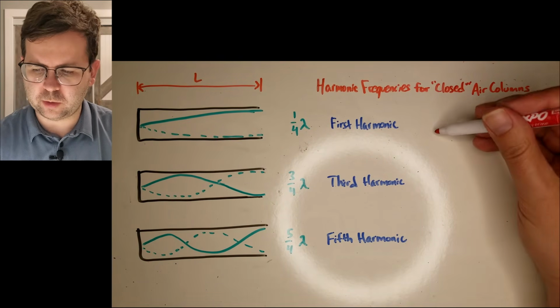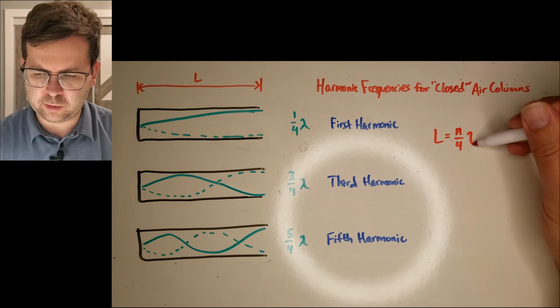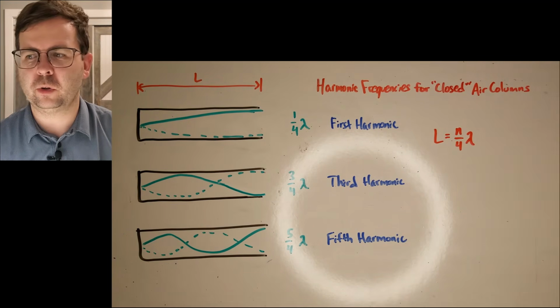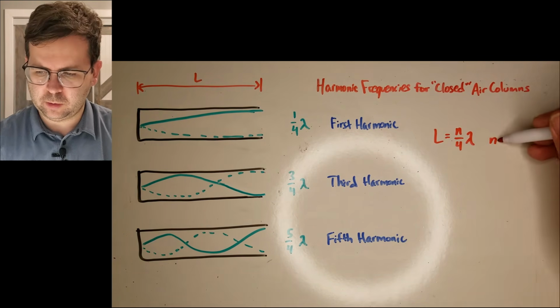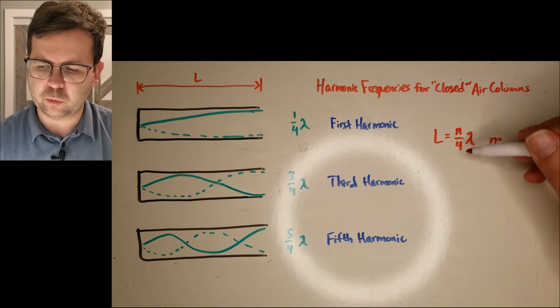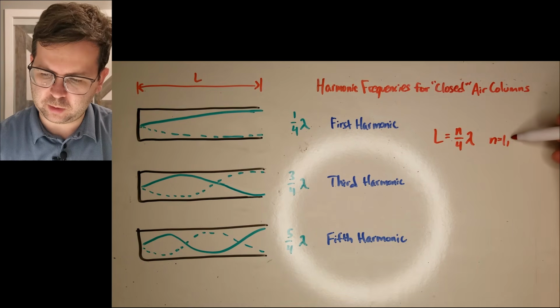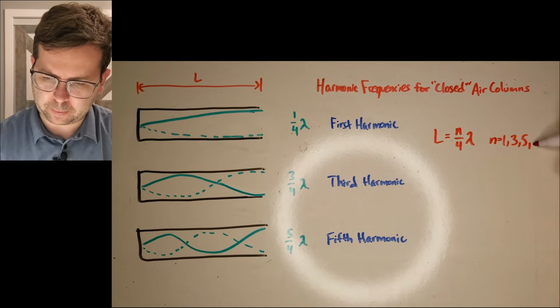So for this kind of relationship, when we write it out mathematically, we have a different way of writing it compared to the other two types that we've seen so far. We say the length of the pipe is any number of fourth wavelengths, except that n can only be odd numbers.